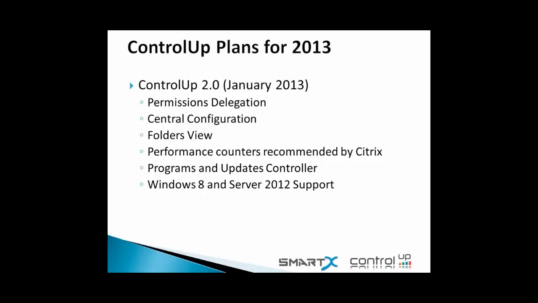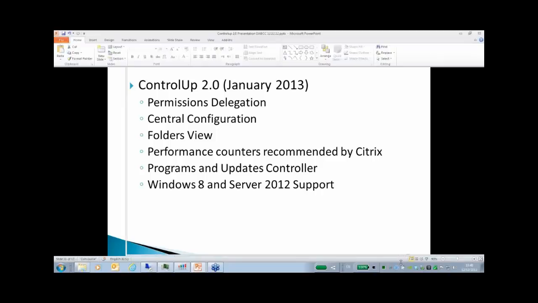We have a lot of enterprise customers that demanded some basic enterprise capabilities, like a shared configuration model and the ability to delegate specific actions and views to other staff, such as help desk personnel or senior or junior system admins. We also added some nice performance counters based on Citrix best practices, so you can use ControlUp to monitor all the Citrix-related performance counters. I think everyone likes to see things in real time, so I'll switch back to the demo.